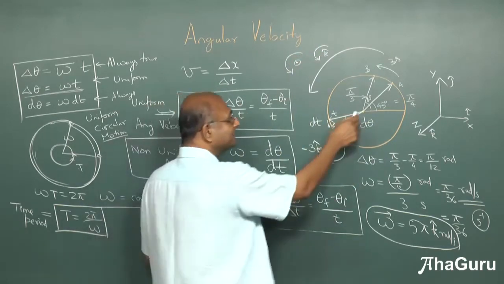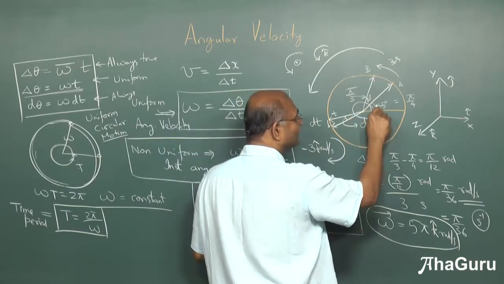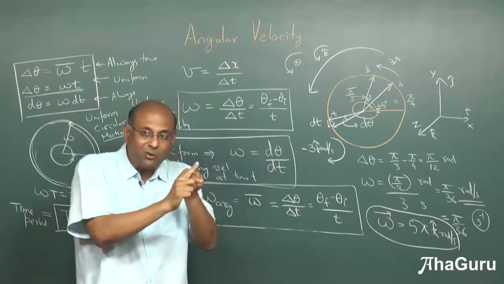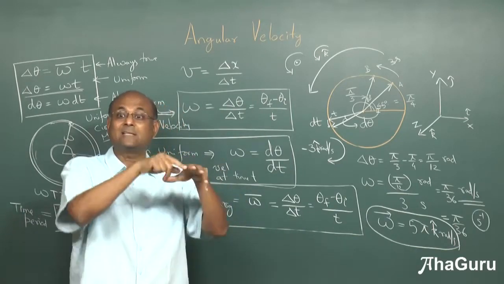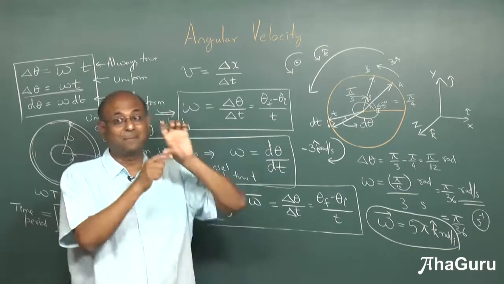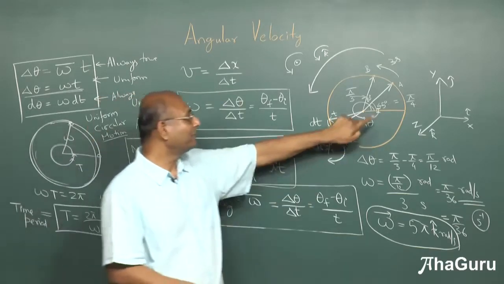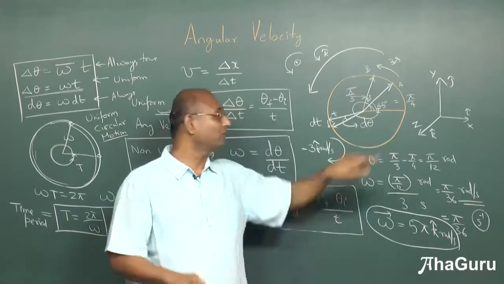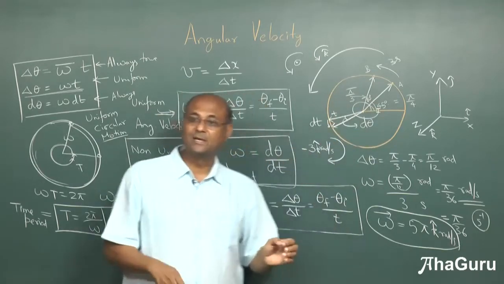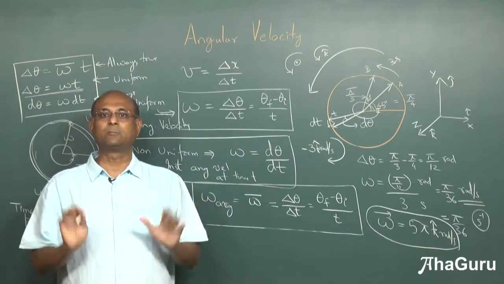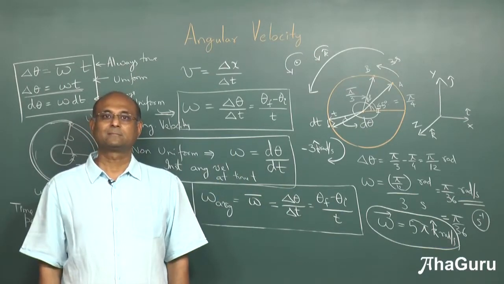Because otherwise, imagine that I came like this and I just crossed over. I would have got 0 and here I would have been 2 pi. I would have made a small angle change, but my angle change would have been from 2 pi to 0, which would be a big change. To avoid that is why we started off by saying when you continue, it has to be continuous. When you go around like this, it has to be continuous. So if you consistently use that, you will find that angular velocity will be a nice and simple matter to calculate.